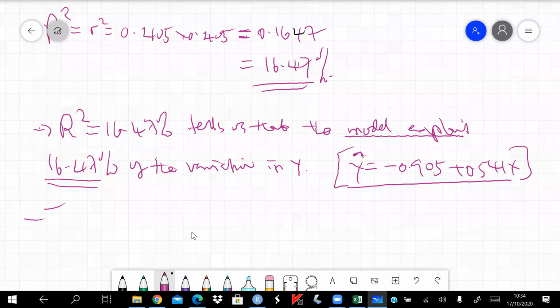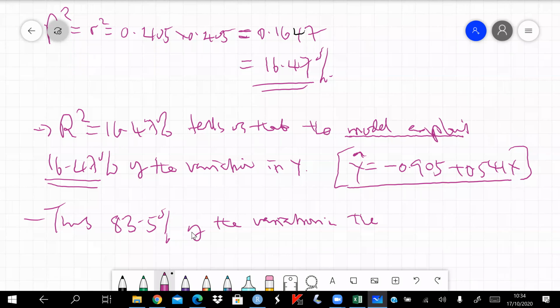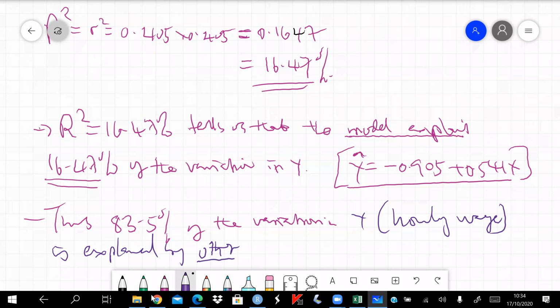So thus the difference is 83.5% of the variation in Y, where Y is the hourly wage, is explained by other factors not accounted for by the model.